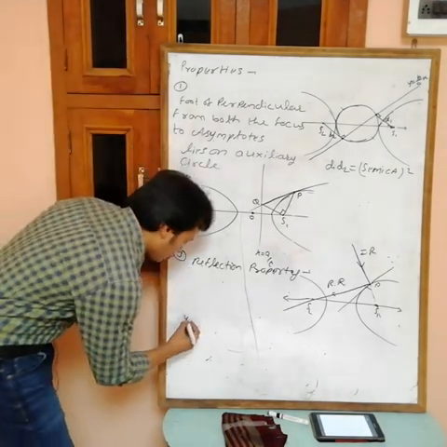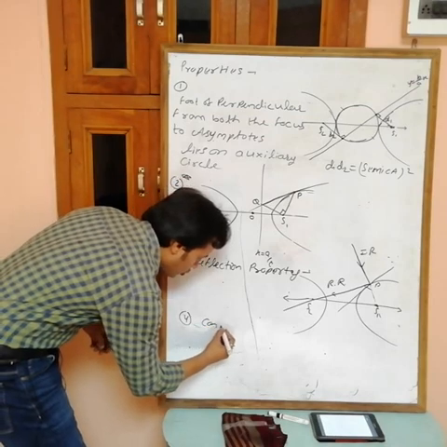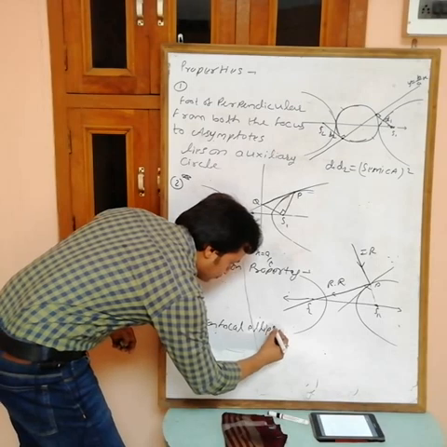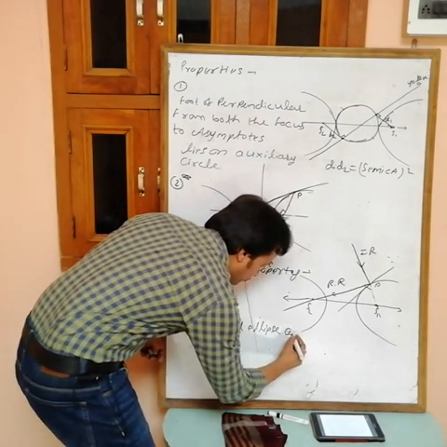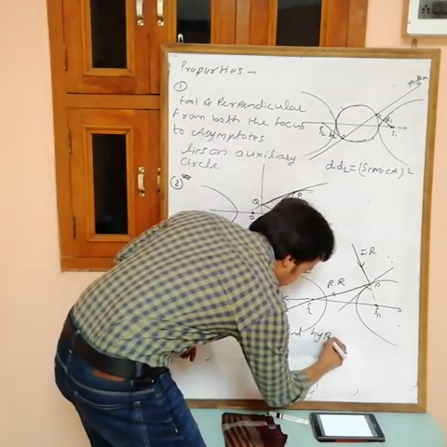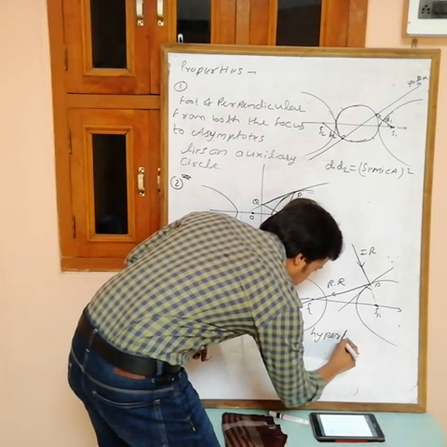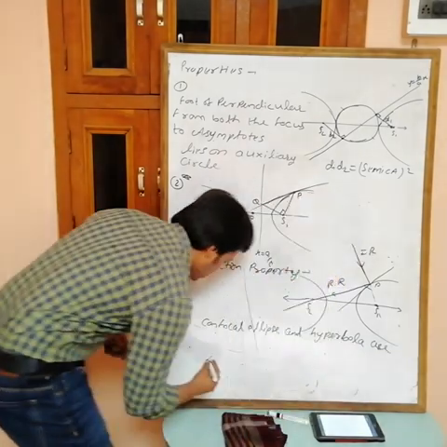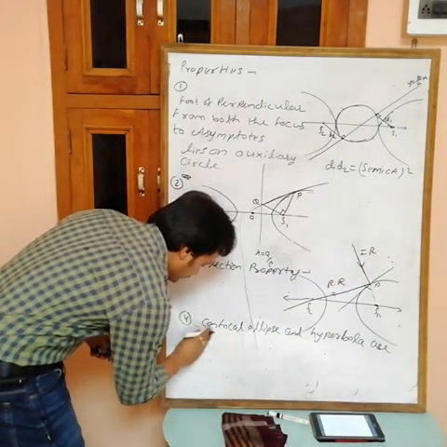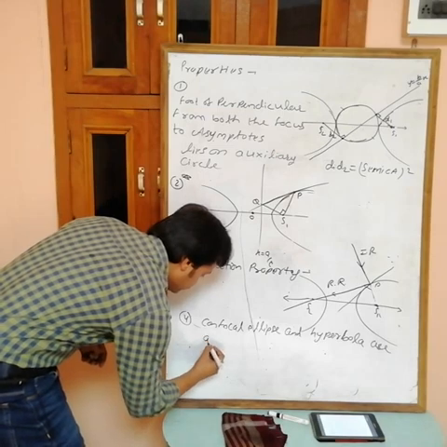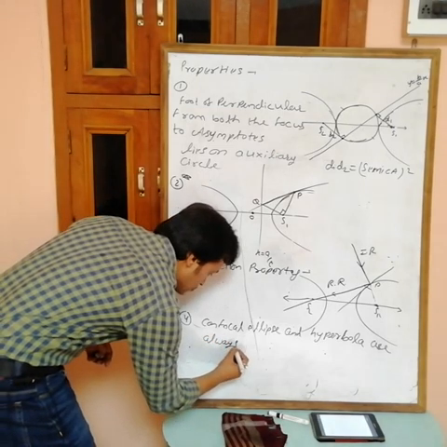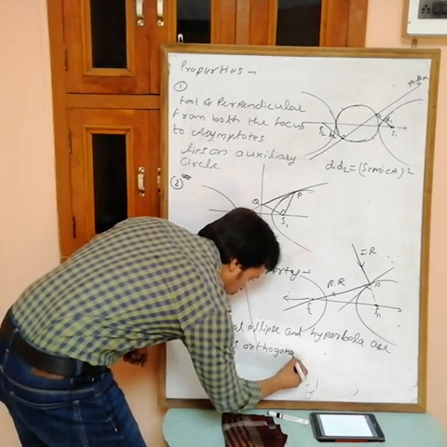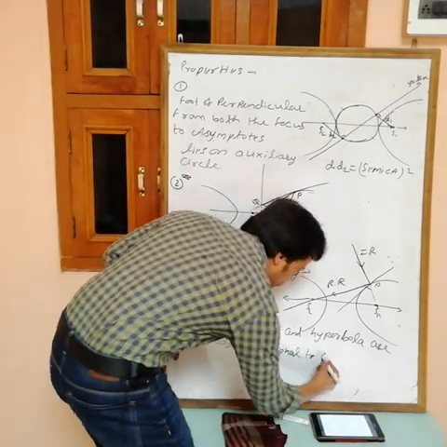And last, fourth one: confocal ellipse and hyperbola are always orthogonal to each other.